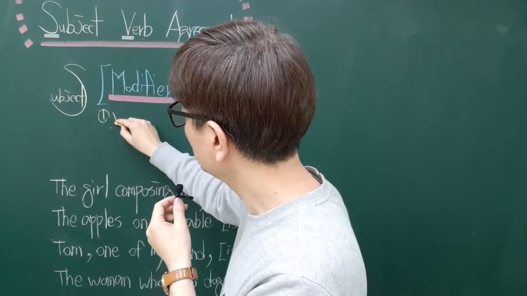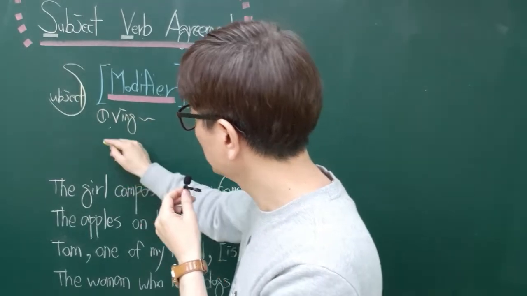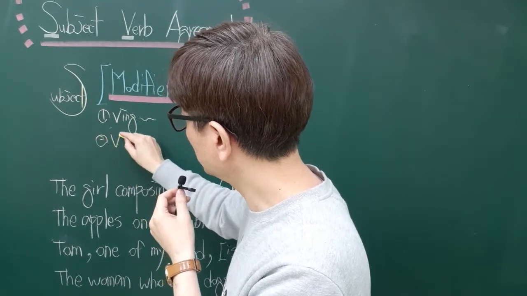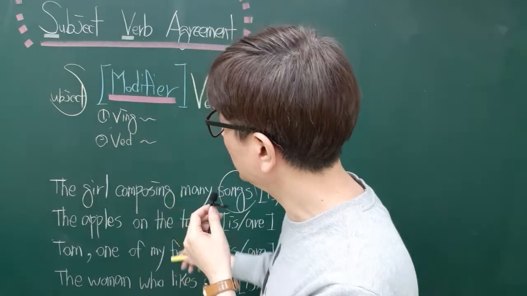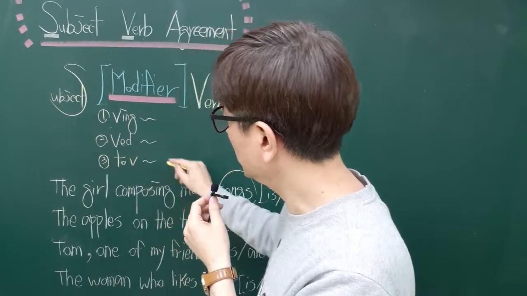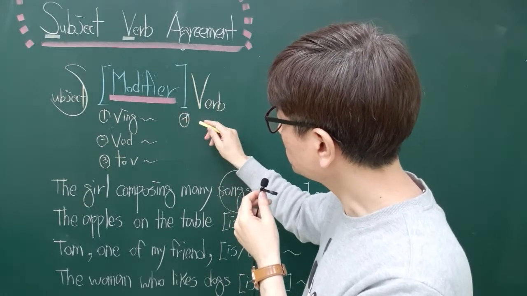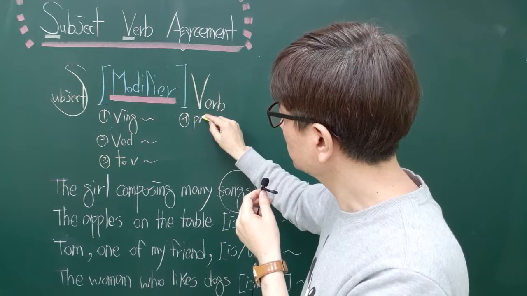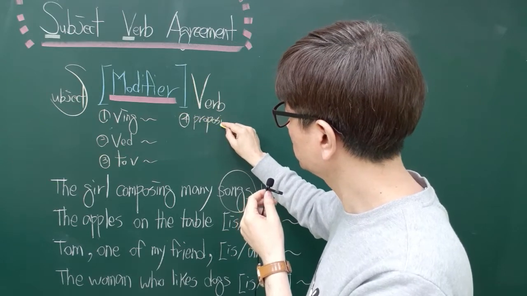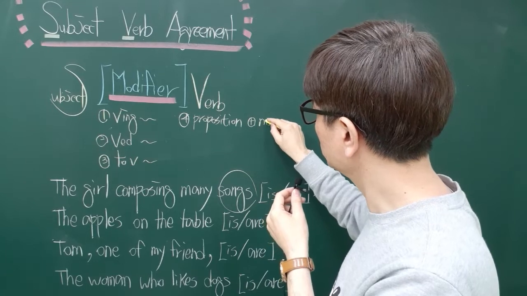Number 1, verb-ing, blah, blah. Number 2, verb-ed, blah, blah. Number 3, to verb, blah, blah. Number 4, preposition plus noun.